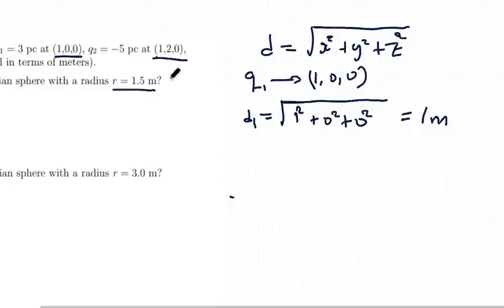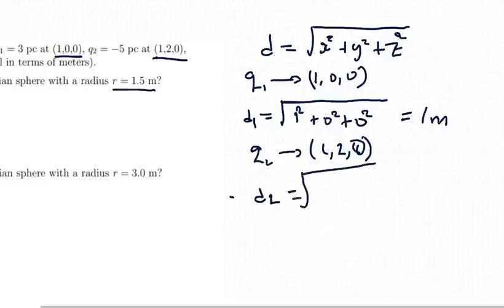And for Q2 we have 1, 2, and 0, and the distance d2 is the square root of 1 squared plus 2 squared plus 0 squared, and this is the square root of 5, because 2 squared is 4, plus 1 is 5.